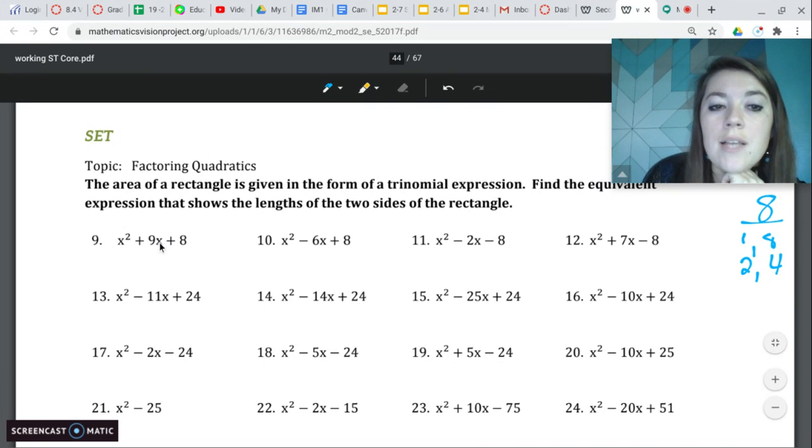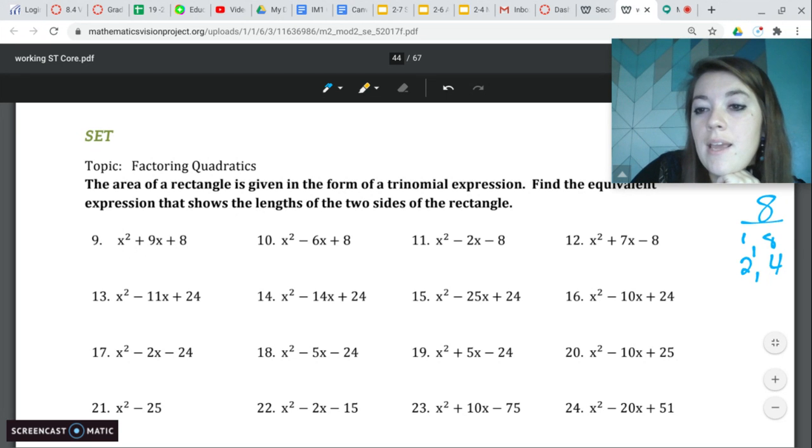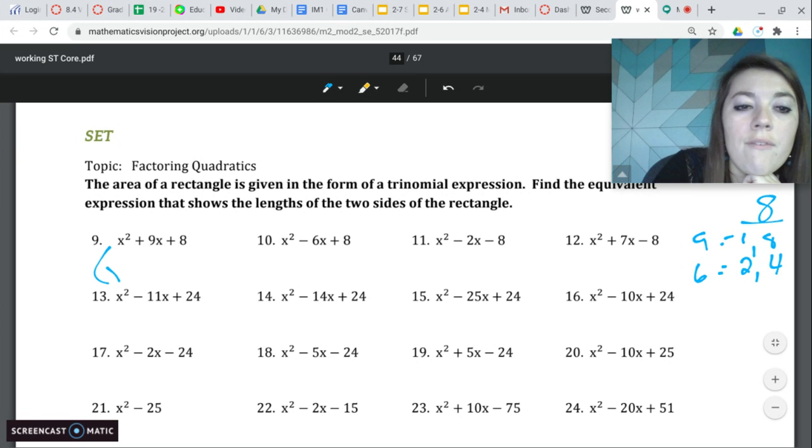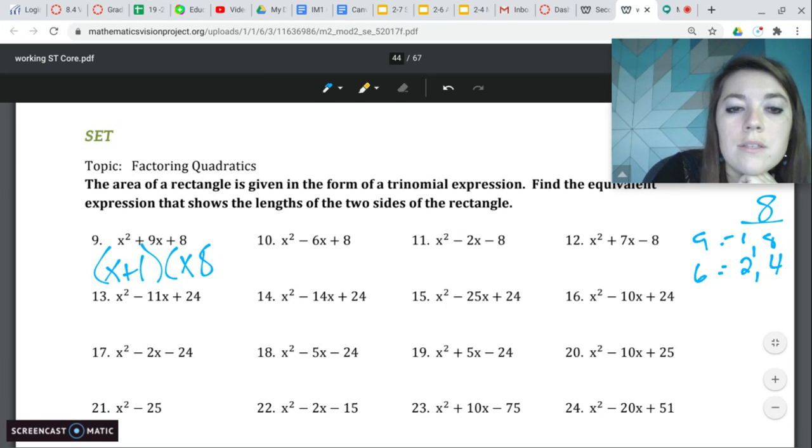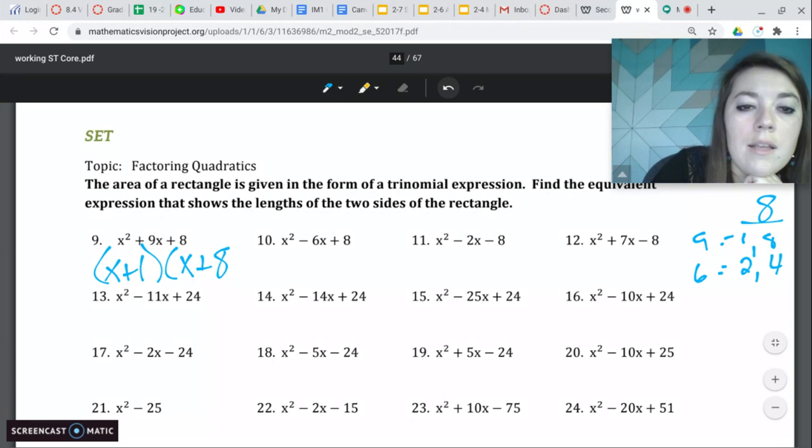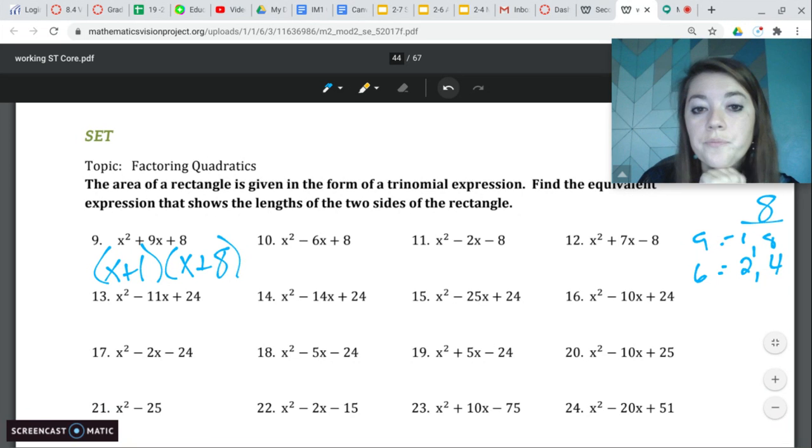So when we come over here, we have x squared plus 9x plus 8. 1 plus 8 equals 9. 2 plus 4 equals 6. So we're going to have x plus 1 and x plus, oops, I forgot my plus sign. Sorry. Plus 8. Now it's factored.